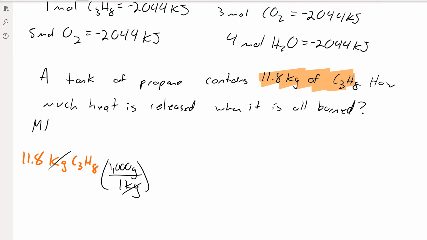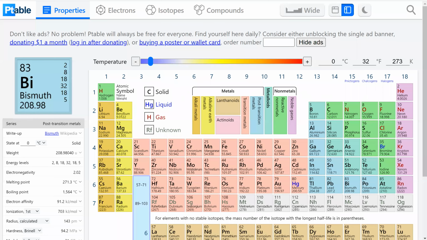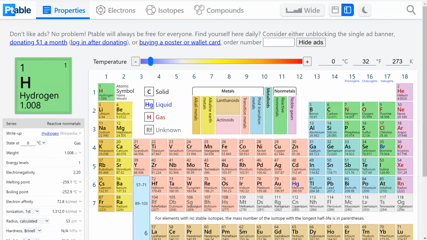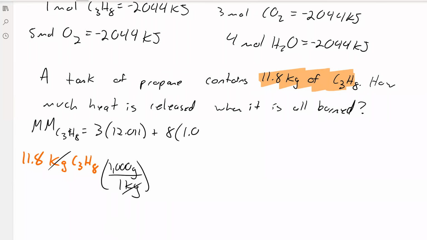To go from grams to moles, we have to calculate the molar mass. So we have the molar mass of C3H8. It's going to be equal to the mass of 3 carbons, which are each 12.011 by themselves, plus the mass of 8 hydrogens, which are each 1.008 by themselves. Sum those up, you get 44.097 grams per mole.